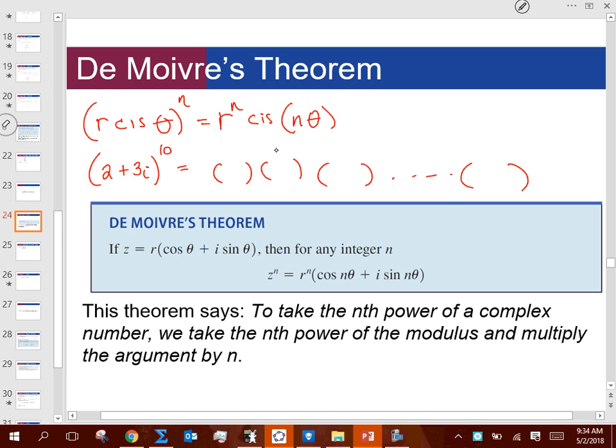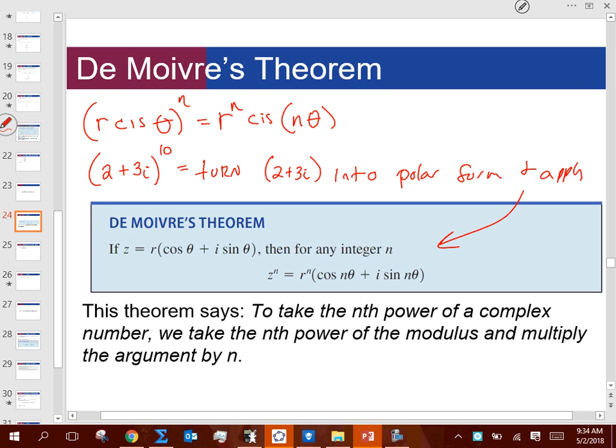Well, what De Moivre says is turn 2 plus 3i into polar form, and then apply that rule. That kind of makes sense? So we'll do an example of this, and it does make things very efficient for us in regards to some of our calculations.